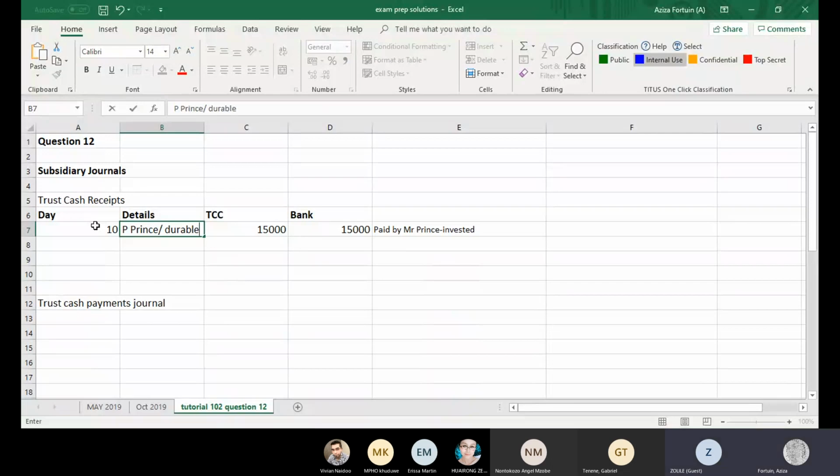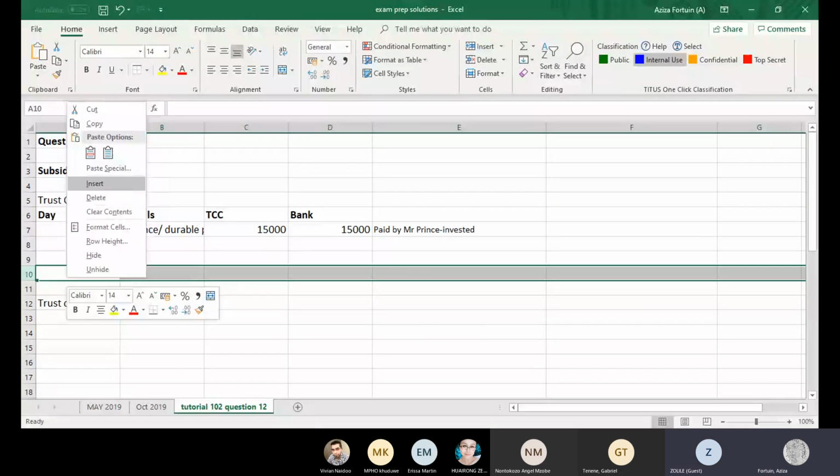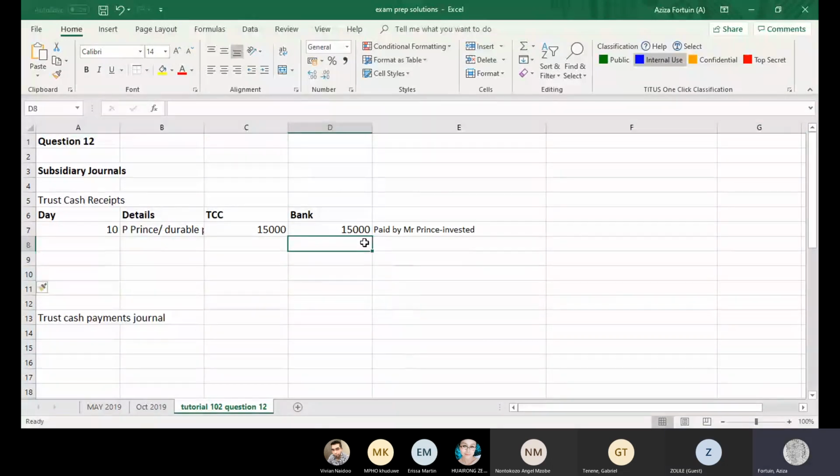Okay, anything else goes into the trust cash receipts journal, and why? It's the amount that it must be invested as well to the South African bank savings account.